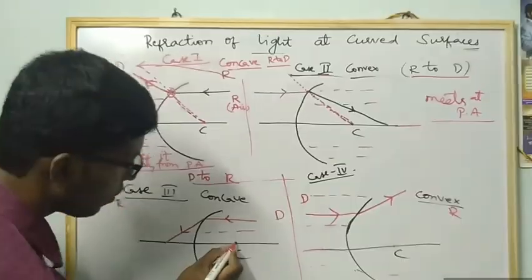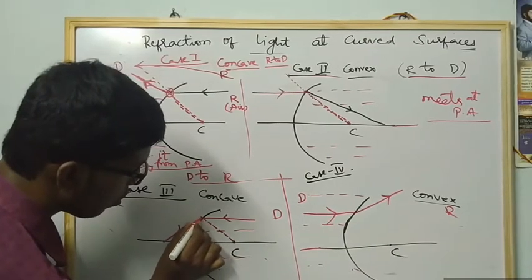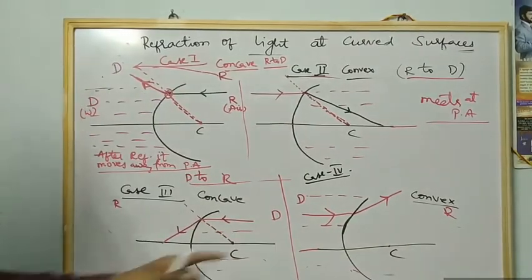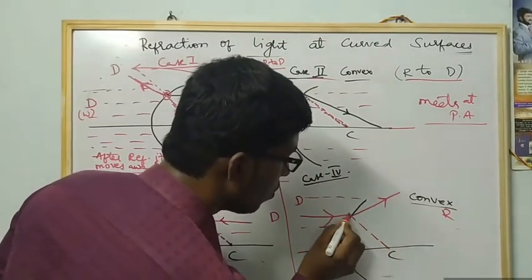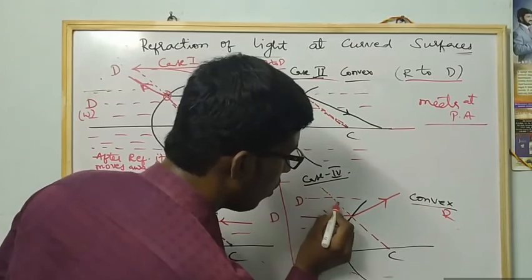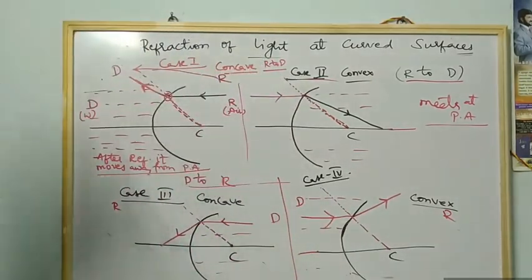Here also, from the center of curvature to this point. These are the normals for this curved surface at that point.